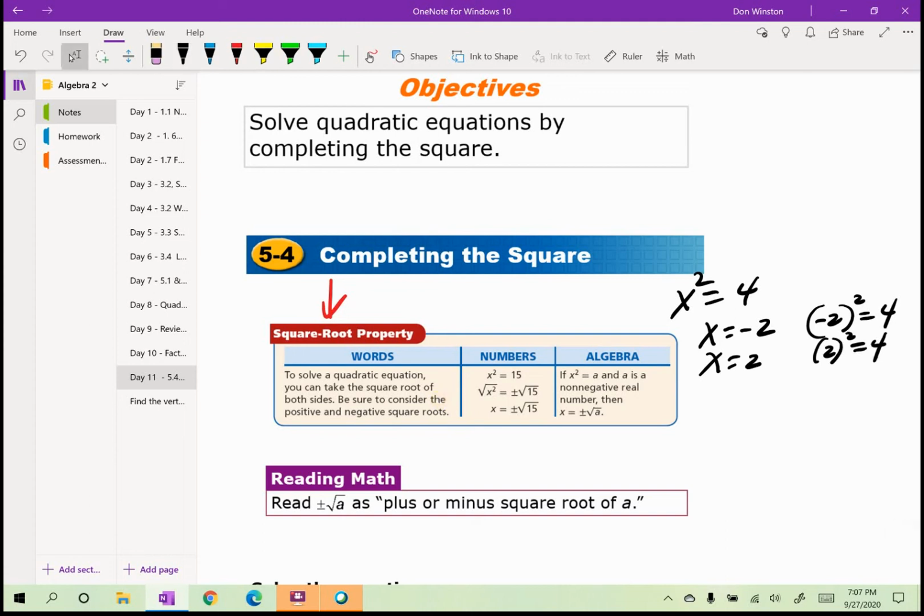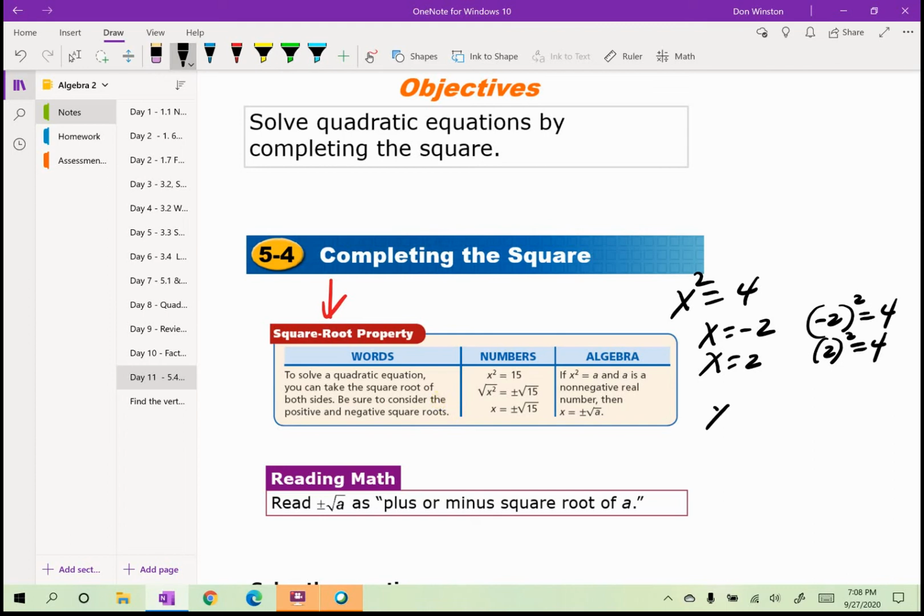So anytime we solve with a square root, we have to consider both the positive and the negative case. The only time we only have one case is when x squared is equal to 0. That's the only time we will not have two possible answers. So the way we solve for square roots, we just take the square root of both sides to get the answer.